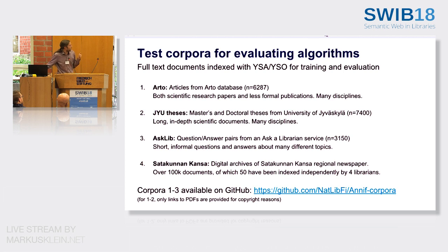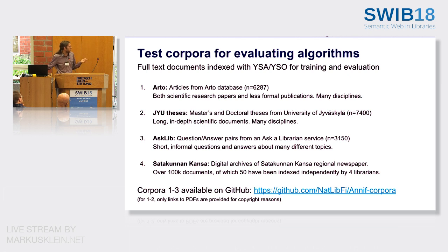Those are articles from the Arto database from our institution. It's both academic papers, but also less formal publications. Then we have some master's and doctoral theses from the University of Jyväskylä, which are pretty long, and they are usually centered on a single topic or a small number of topics.